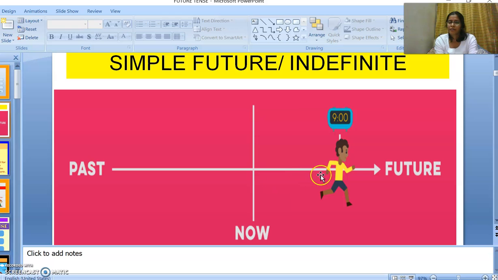And if I say Rohan will run at 9 o'clock tomorrow, in this sentence also I'm talking about an action that will take place in future. So that is the simplest way to understand simple future tense. So moving on to my next slide.